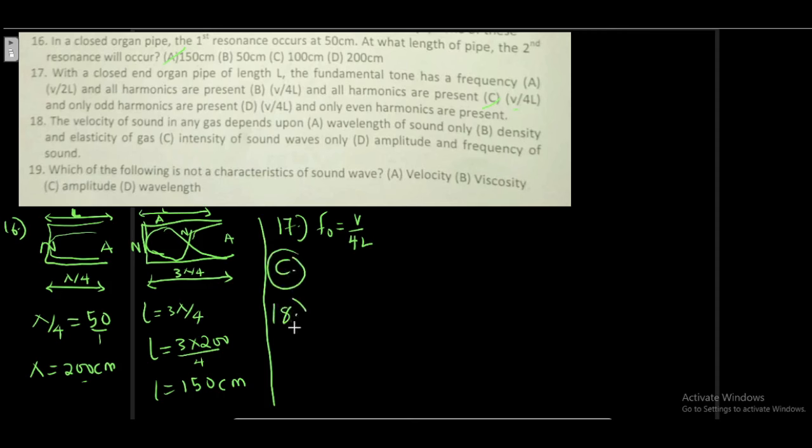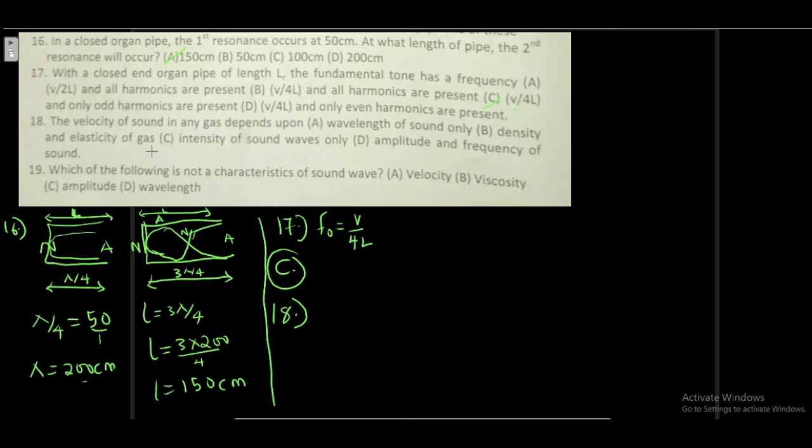Now question 18, it said the velocity of sound in any gas depends on. We have wavelength of sound only, density and elasticity of gas, option C, intensity of sound waves only, option D, amplitude and frequency of sound.